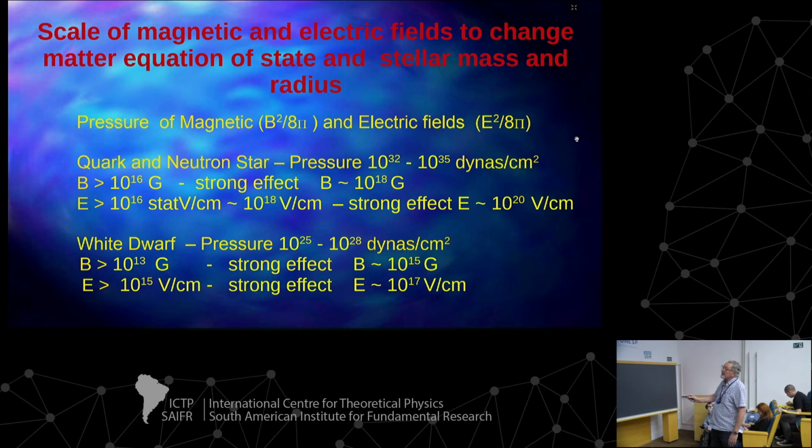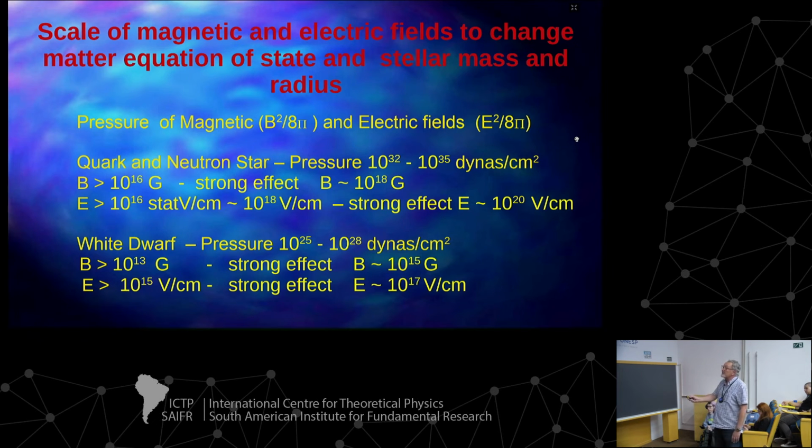If the electric field is not 10 to 18, that gives you this pressure, no effect of the charge. Any charge you can put there is zero, equal to neutral. And of course, a strong effect is around 10 to 20 because you arrive at this pressure.